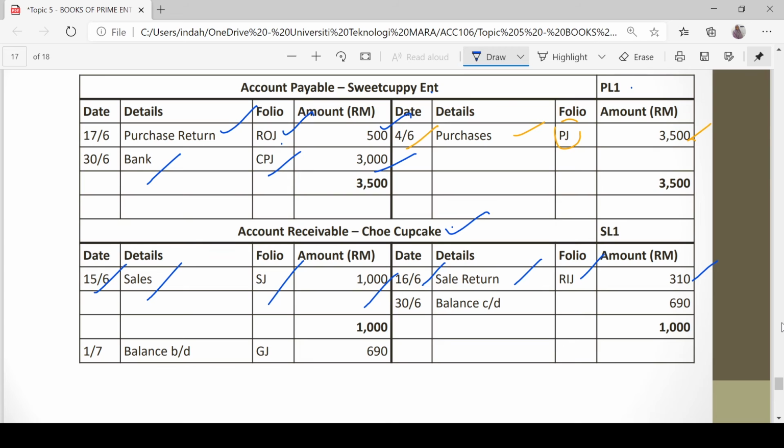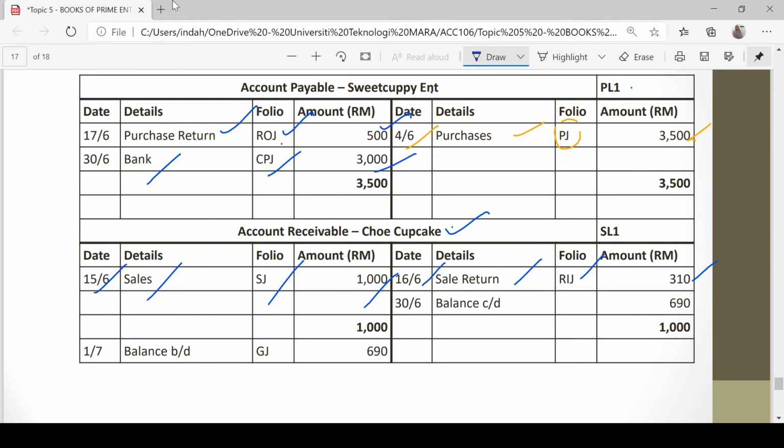This is the one you have to use when you prepare the group assignment. When you create the business transactions and record them in the appropriate journals, you have to use these 7 types of journal. Then when you transfer to the ledger, it must come from your journal.